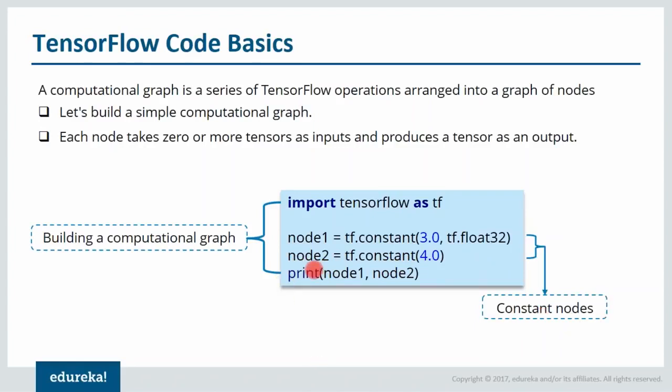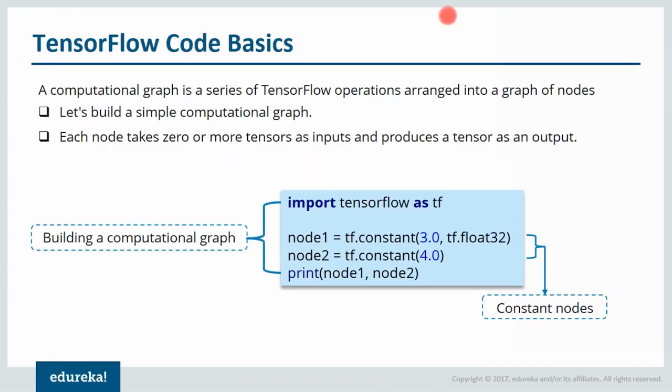This is basically what a computational graph is. We have built a computational graph, and in this graph each node takes 0 or more tensors as inputs and produces a tensor as an output. One type of node is a constant, that I've told you earlier as well. TensorFlow constants take no inputs and output a value which is stored internally.